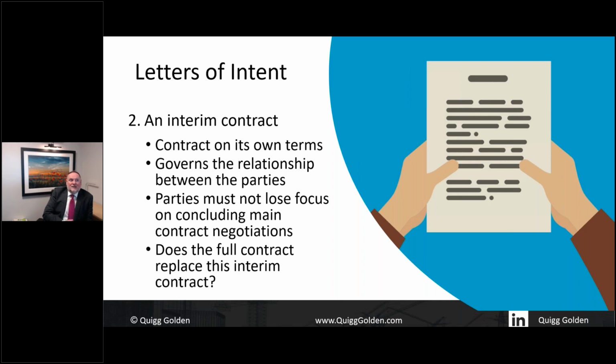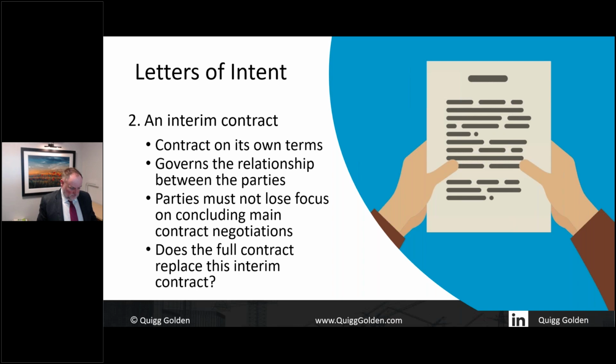And the danger of doing it is, of course, that the pressure on the negotiators and the lawyers to agree the main contract terms has suddenly been removed, and people lose focus. So that is a downside, and you'll see later on another potential danger in relation to it.